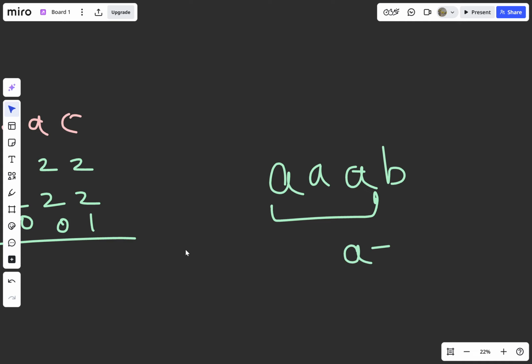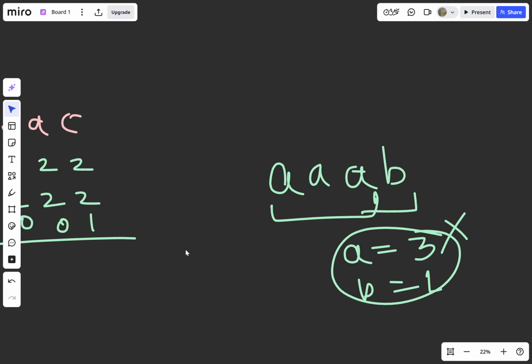Only A is present and A has a count of 3. But if we take this also, B has a count of 1, so B is not satisfying the condition. So this cannot be the longest substring, but this can be.